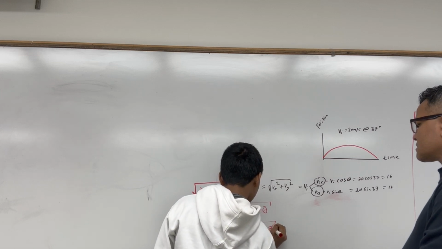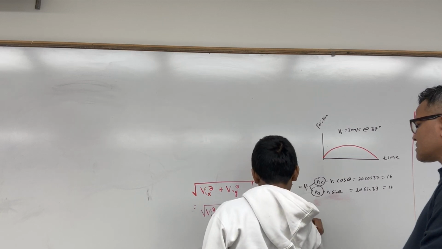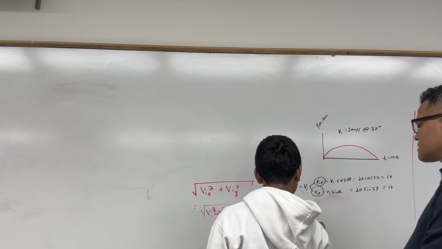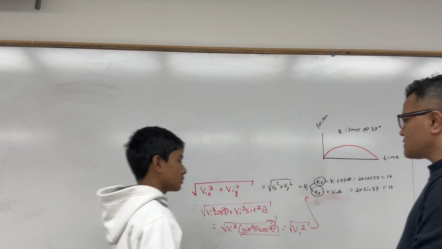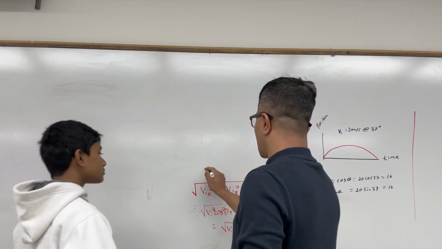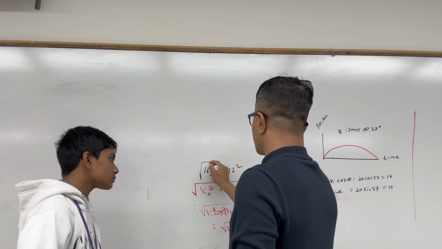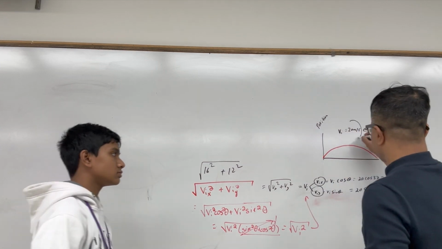You should know that this right here is equal to 1, which means this is just the square root of Vi squared, which is, well, you know. And you also can prove it that Vix squared is 16 squared and Viy squared is 12 squared. If you square root them, you get this one back.